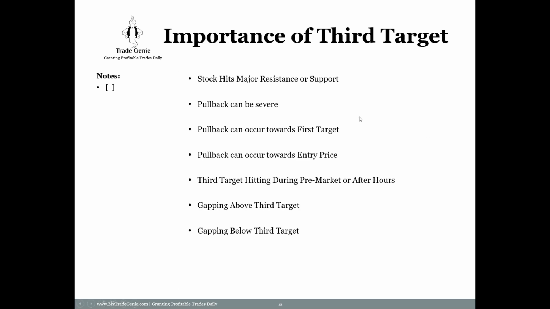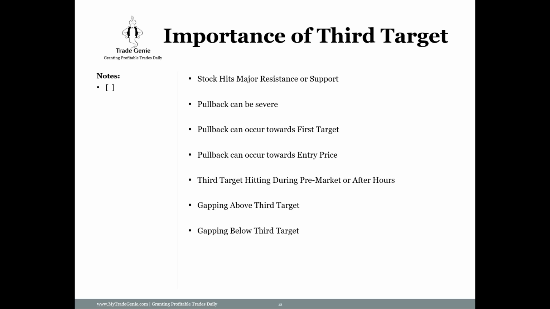Importance of the third target. When I'm determining the third target, it is the target which is a major resistance level or a support level. So if it's a major resistance, we set the target just below the major resistance. There has to be some offset, some percentage of the volatility of that stock.